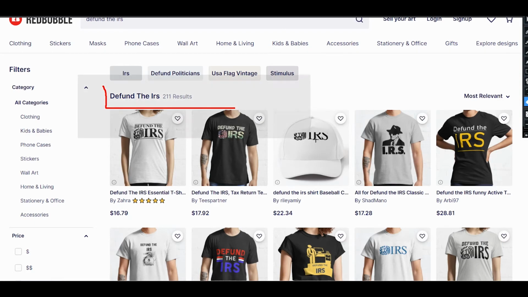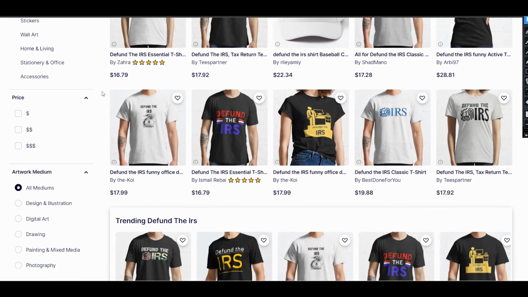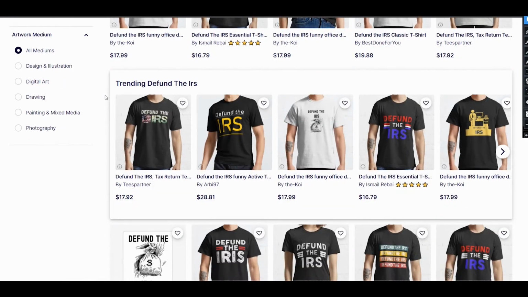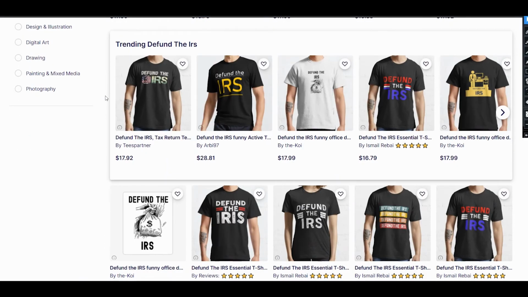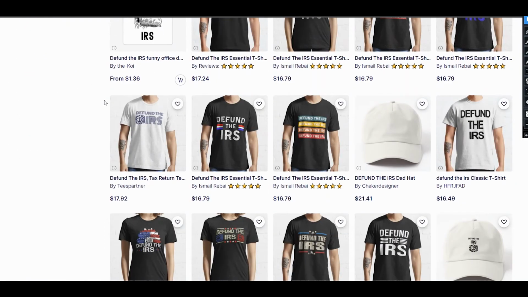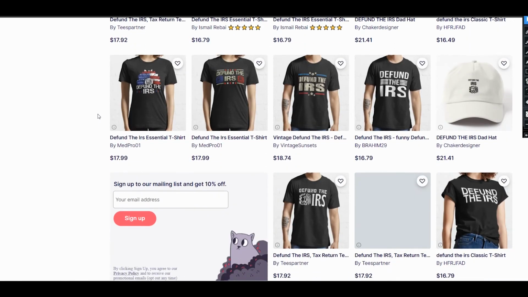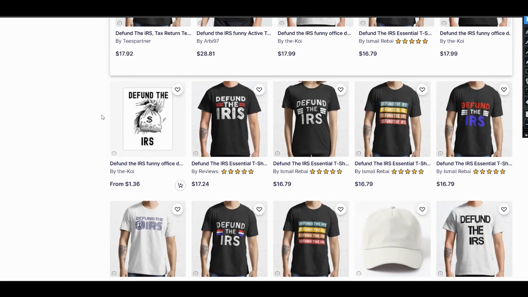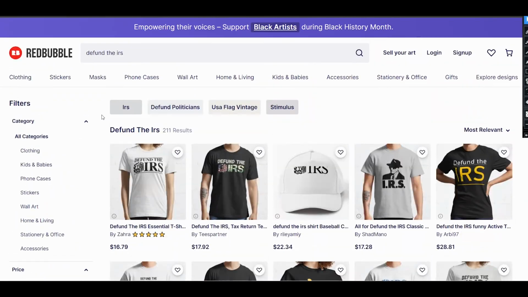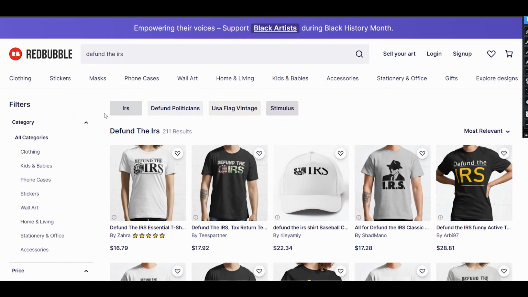It's a political design, and from my experience, the beginning of the year is often the best time for different taxation designs, because it is a taxation period in the US, and a lot of tax protest designs have good sales in this period of time.